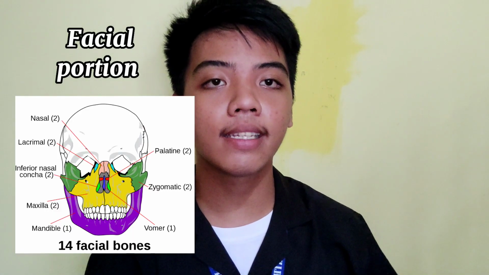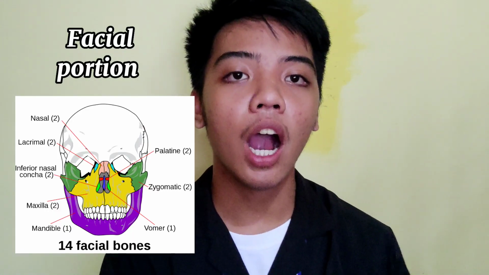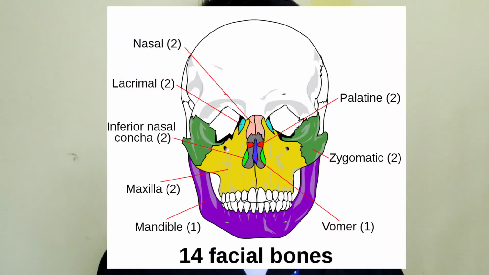So next is the facial portion. Our facial portion has 14 facial bones. Ang 14 facial bones na po yan ay ang nasal, lacrimal, inferior nasal concha, maxilla, mandible, vomer, zygomatic, and palatine.